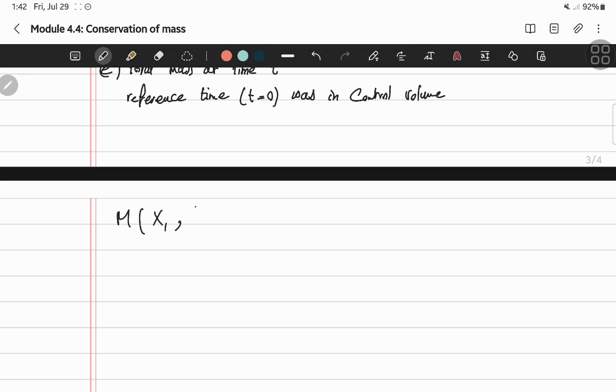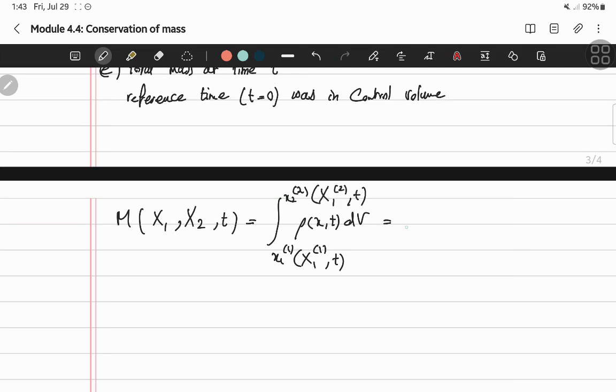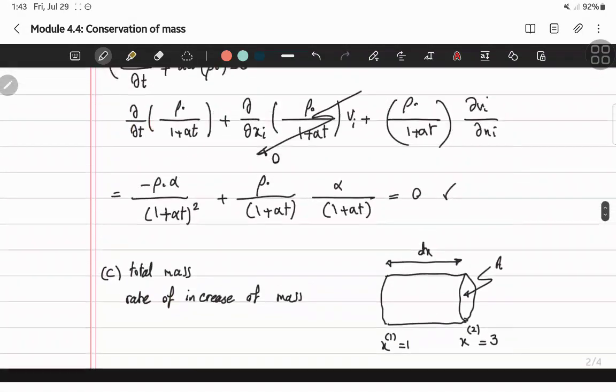So it is x1 and x2 capital and t, which was the integral of rho of x and t dV, from x1 1, x1 2. Then we know that these are functions of X1 1 and t, and X1 2 and t. That's why we write this.